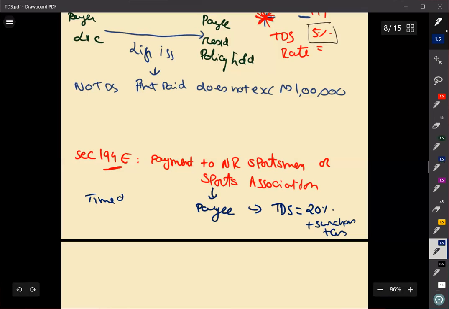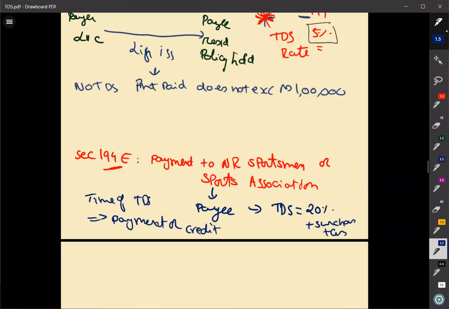At the time of TDS, you are supposed to make the payment at the time of payment or credit, whichever is earlier, under 194E. That's it. So 194E is very simple.